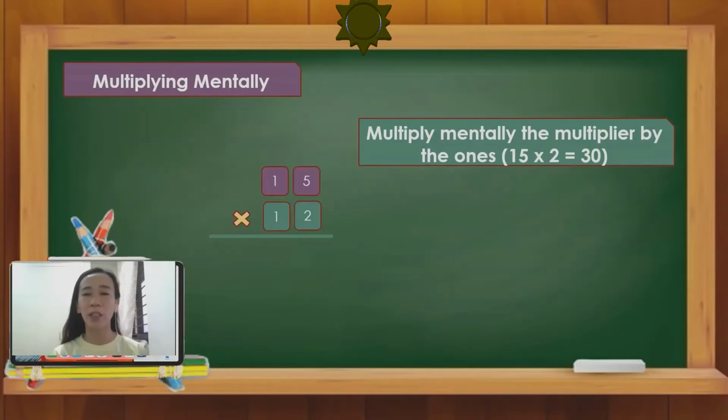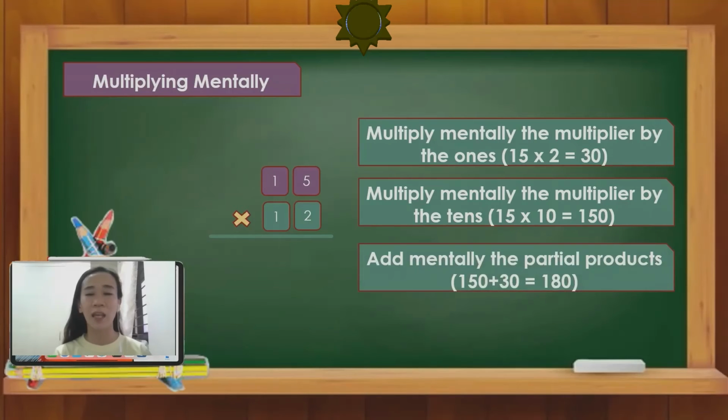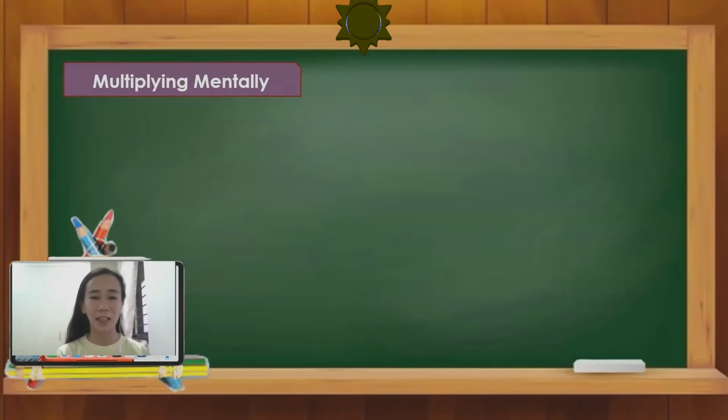So, multiply mentally the multiplier by the ones. 15 times 2 is equal to 30. Multiply mentally the multiplier by the tens. 15 times 10 is equal to 150. And then add mentally the partial products, which is 150 plus 30 is equal to 180. So 15 times 12 is 180.